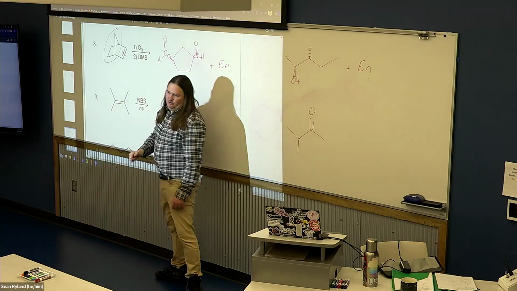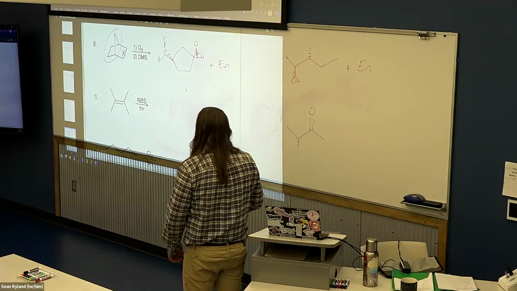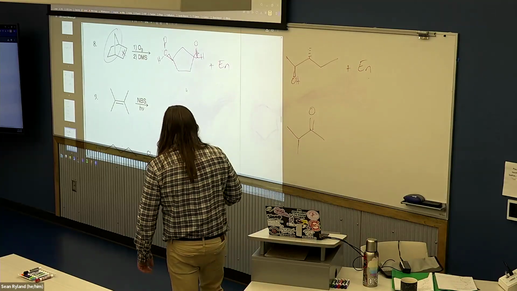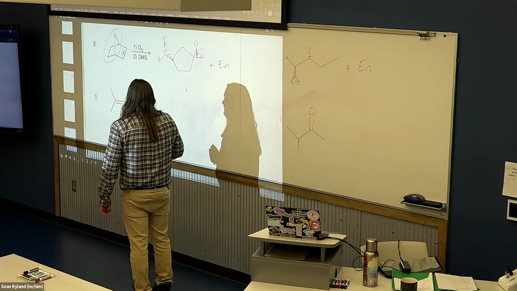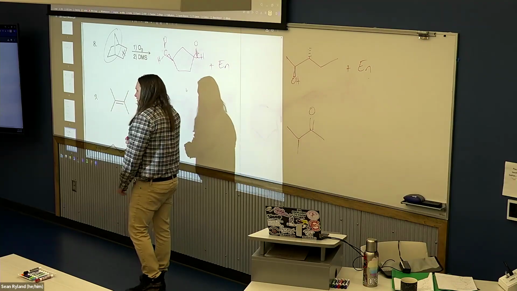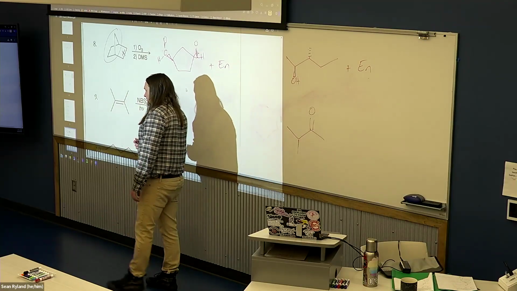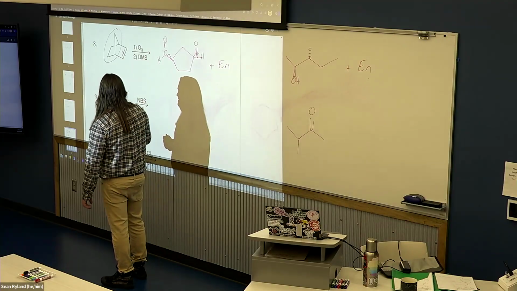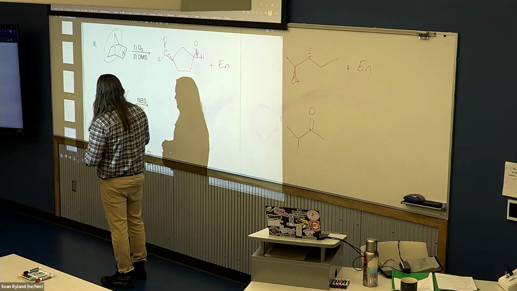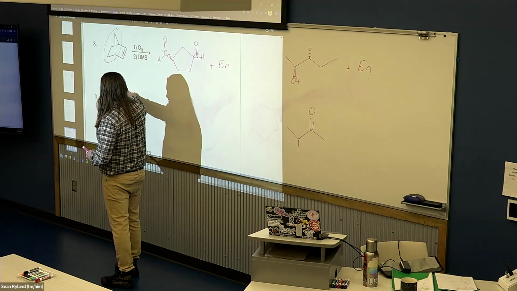And yes, in light is what? It's been a week and I forgot. But radical. And the NBS keeps our concentration of the bromine low, so we predominantly get the bromine only being added in the most favorable spot, which is in the allylic position.